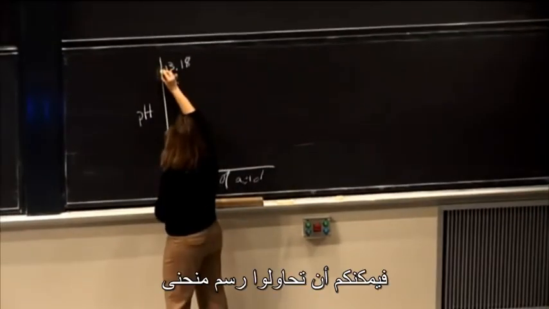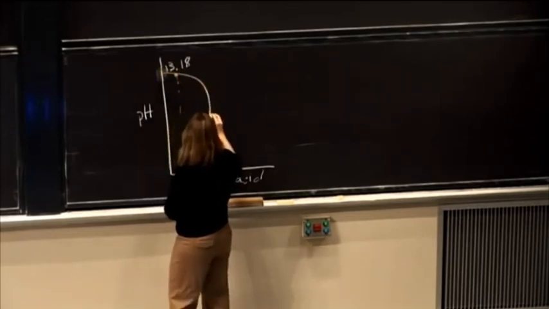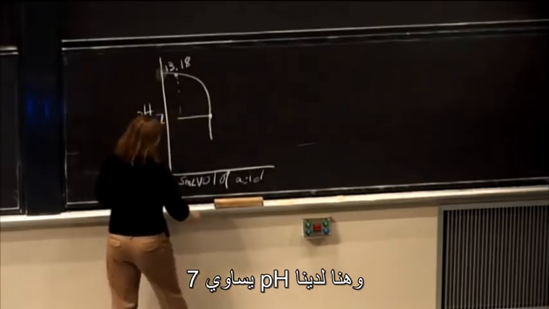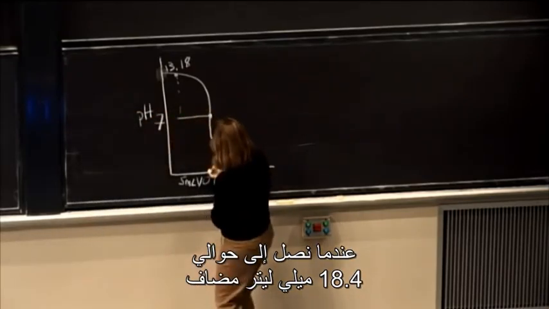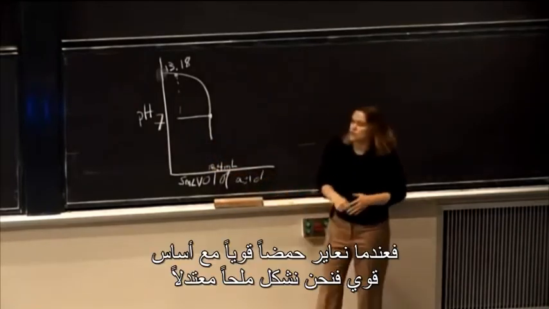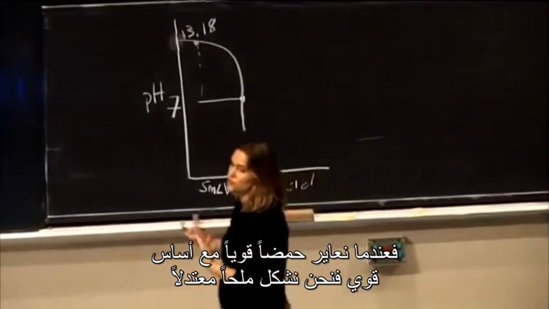So we can just try to draw a curve. And here we have a pH of 7 when we've gone to about 18.4 milliliters added.